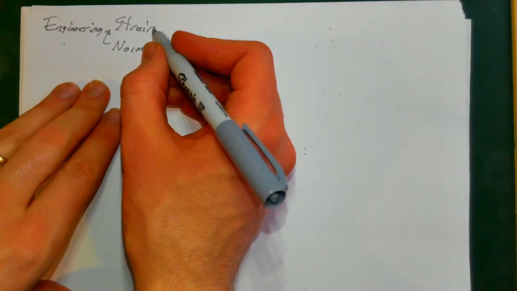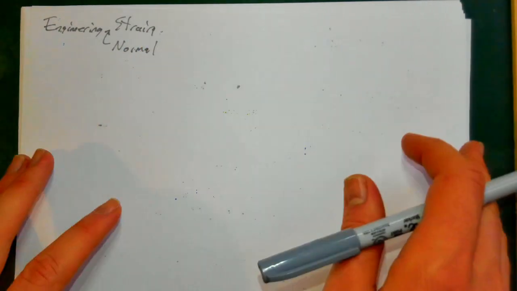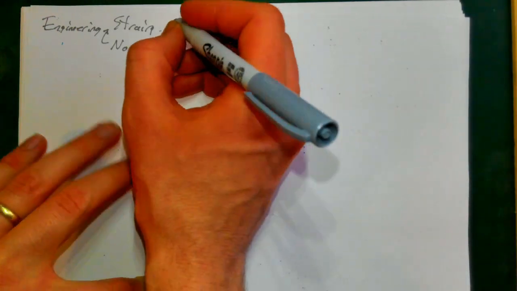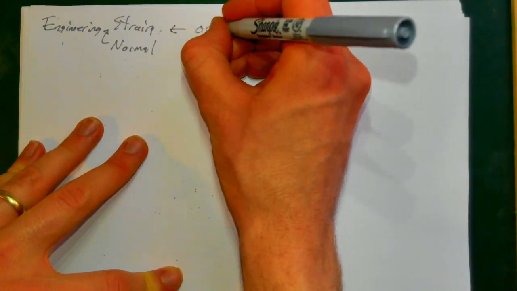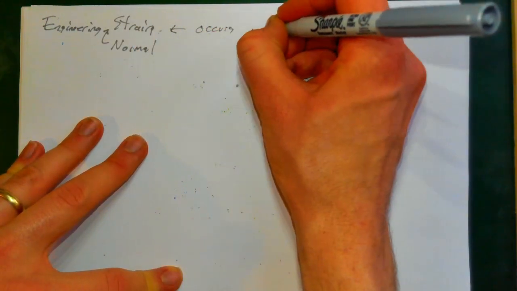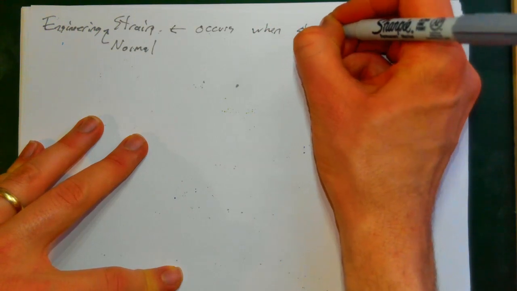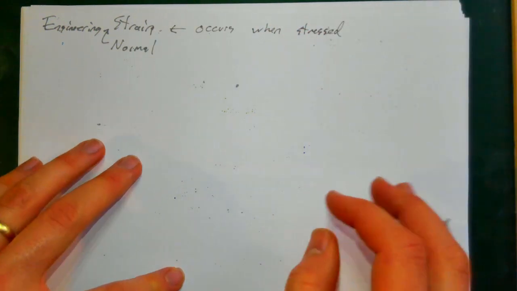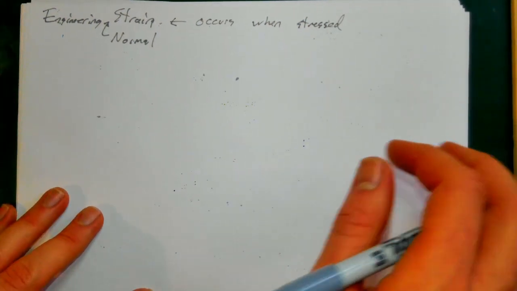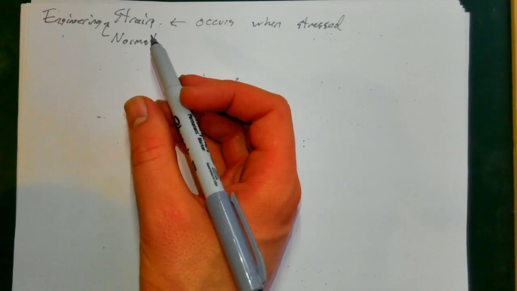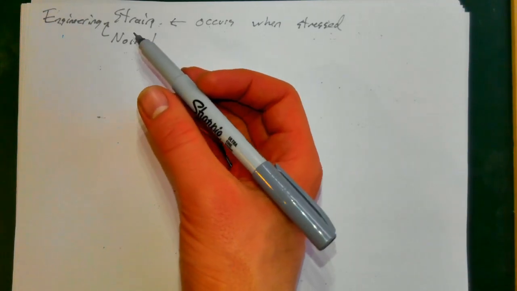So engineering strain occurs when materials are stressed, and it describes the amount of deformation that a material experiences.